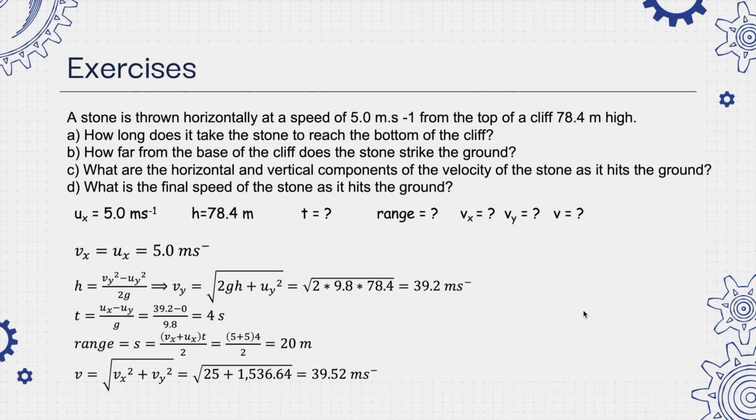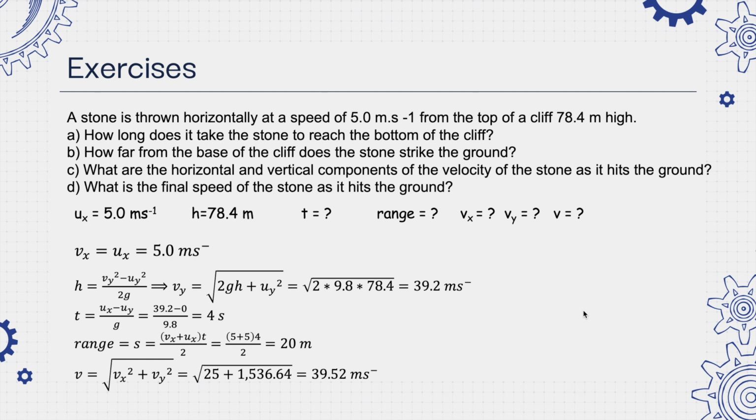First of all, the most important thing to understand is that the horizontal velocity without air resistance stays the same. Next thing is that the time is the same also, because a ball, or in this case a stone, cannot be in two places at the same time, so at the same time it falls onto the ground.